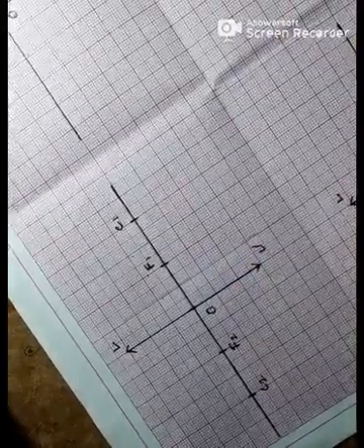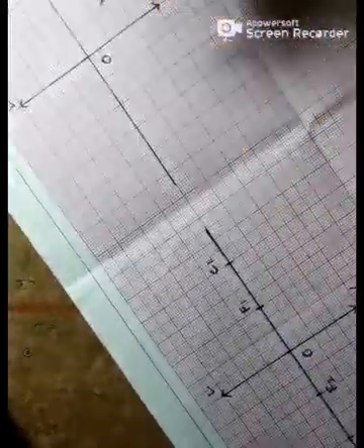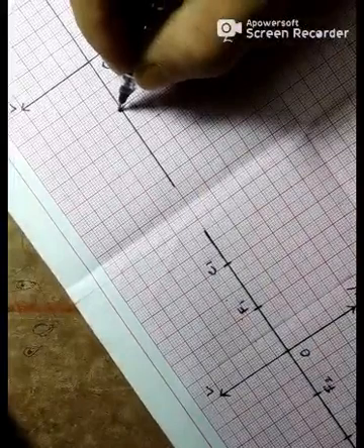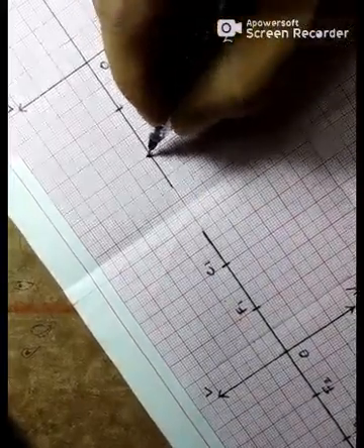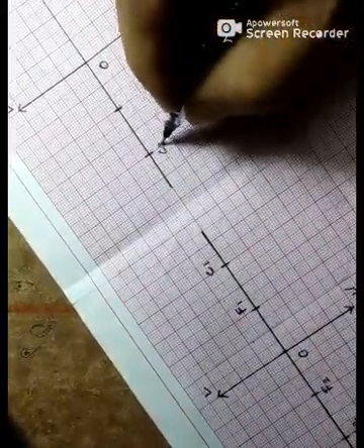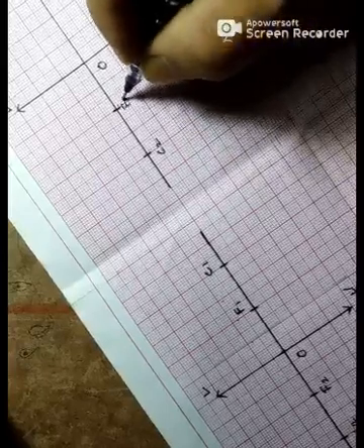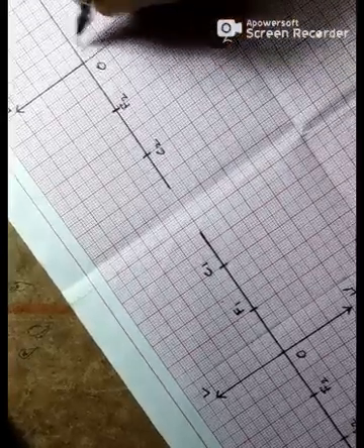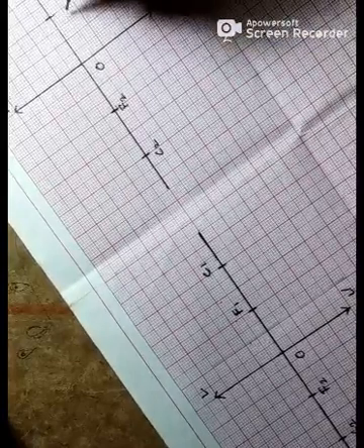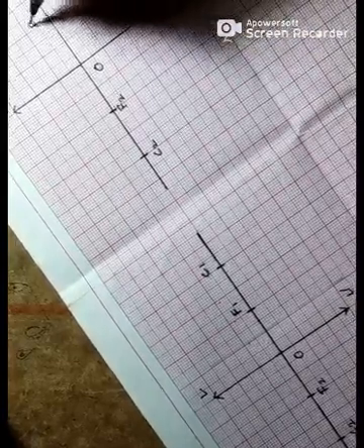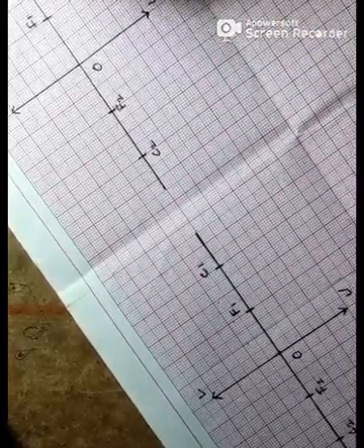Right. The same thing you have to mark in all: C2, F2, 2 centimeter, F1 and C1.